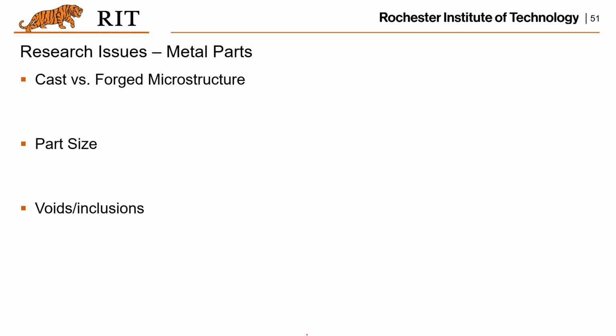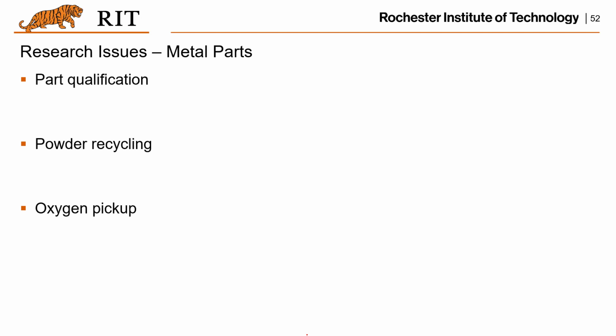Some of the research issues, for example: how you make sure the part quality produced using powder bed fusion will be the same as the one produced using other processes, how to enlarge the building size of the part, and how to avoid the voids and the inclusions during the printing process.